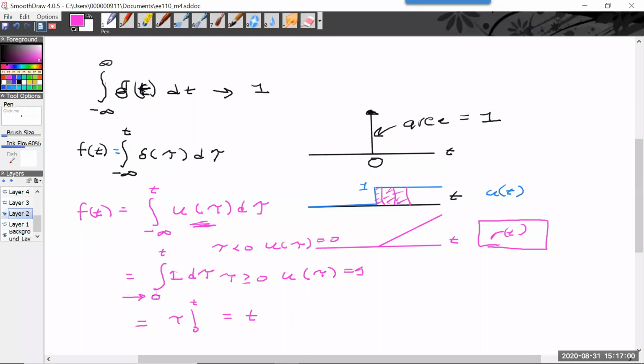When we set that lower bound of 0, that means f of t is equal to 0 prior to that, all right? And so then we have t, but we just have to remember where it originally came from. And so we put back the u(t), which then we get r of t. Okay.